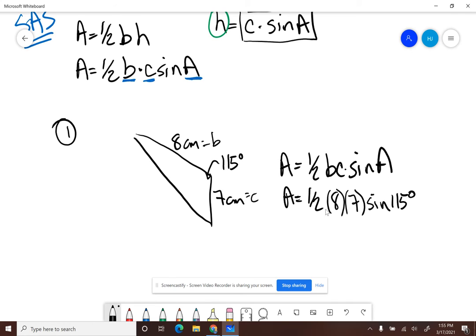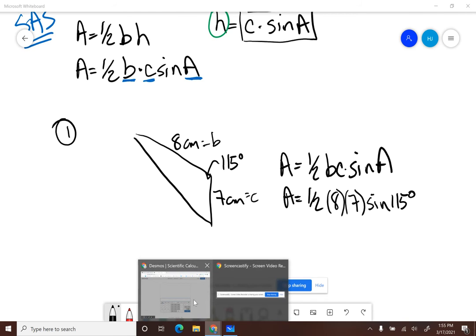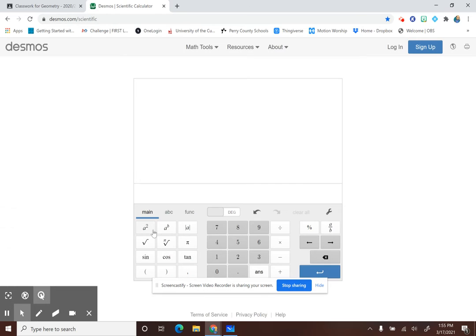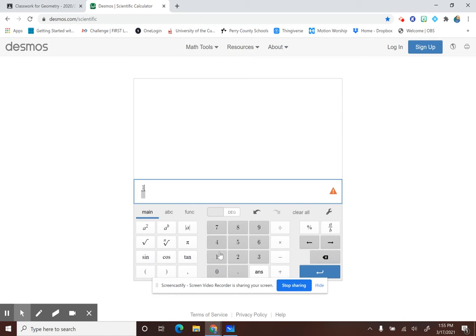So quite literally, folks, you could go over to one of your best friends by now, probably, your Desmos scientific calculator. Let me get rid of my spot. And I'm going to go ahead and do 1 divided by 2, or 1/2, times 8 times 7 times sine of 115 degrees.